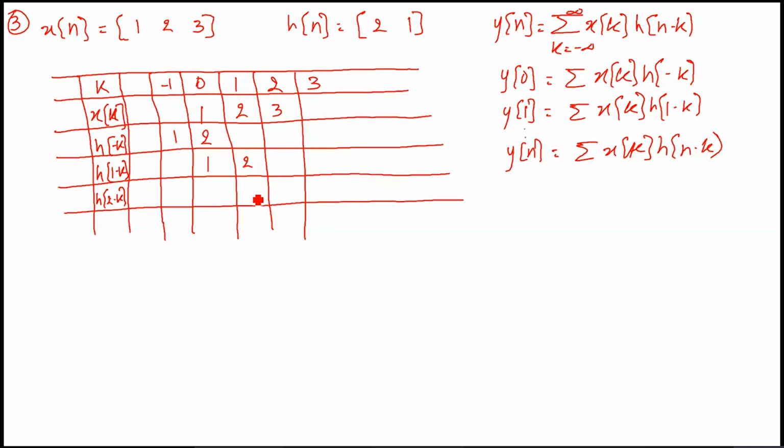This will be 1 and 2. And similarly, we can just continue and plot for other terms right here. This is going to be your h of 3 minus k. This would be 1 and 2. And this about sums up the whole thing.